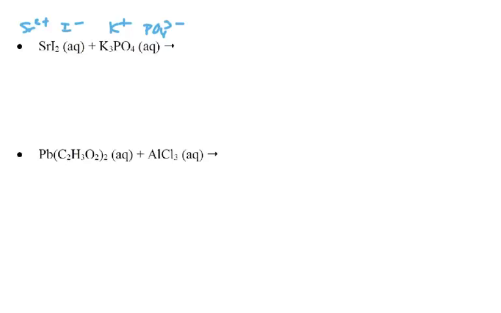The strontium and the phosphate, 2 plus and 3 minus, so I'm going to need 3 of my Srs and 2 of my phosphates. The K plus and I minus will go together. I'm going to get KI. Remember, we always put the positive one first. I already have aqueous and aqueous. Here's potassium, and I know potassiums are always aqueous, so this one must be the solid.